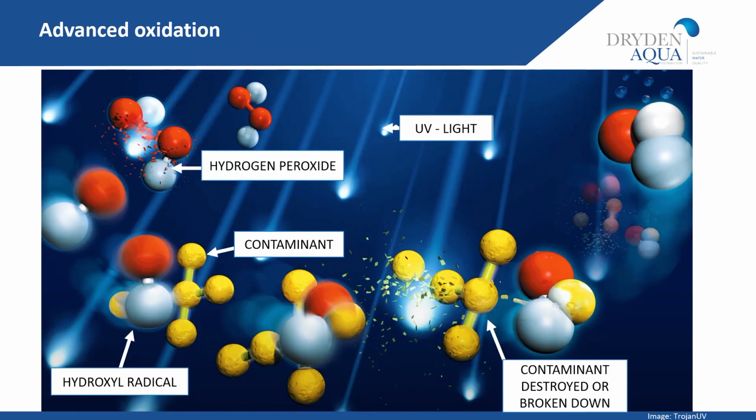When you pass hydrogen peroxide molecules through an intense UV dose, you disrupt that molecule and you produce hydroxyl radicals. You basically split the hydrogen peroxide in 2 to create the hydroxyl radicals. These have an exceptionally high oxidation potential. Any organics that come into contact with these hydroxyl radicals are 100% oxidized with no byproduct.